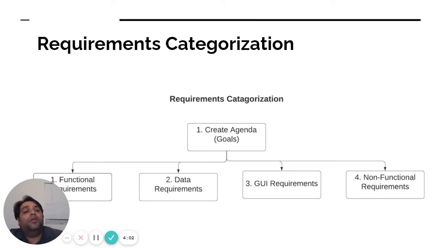If we are developing a car with 300 miles of range, the functional requirement is that it has to do 300 miles.